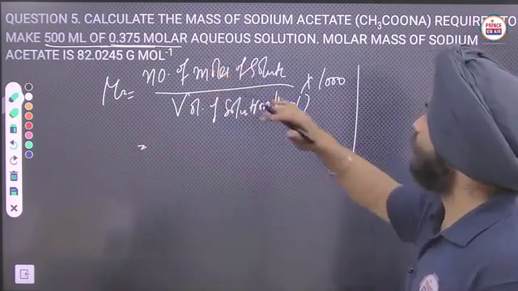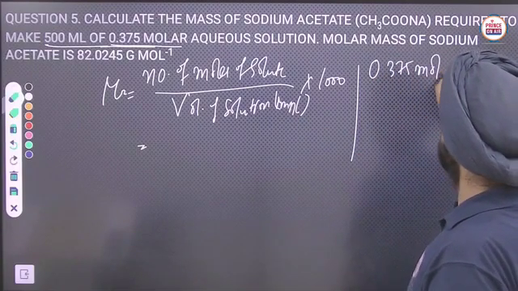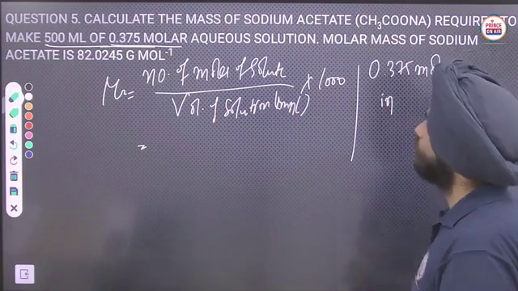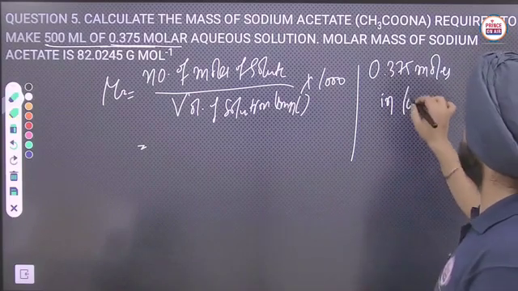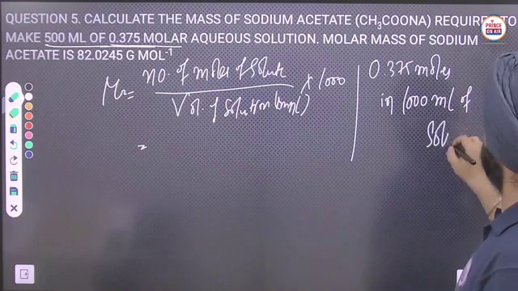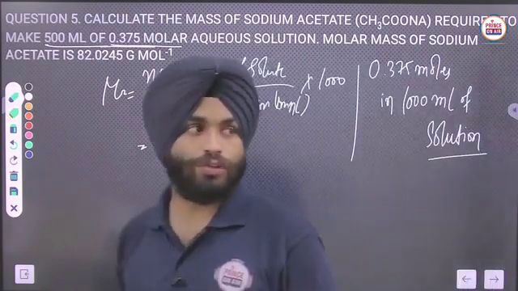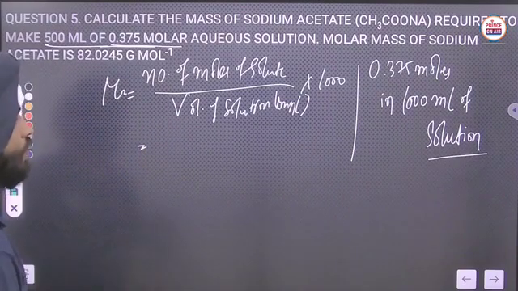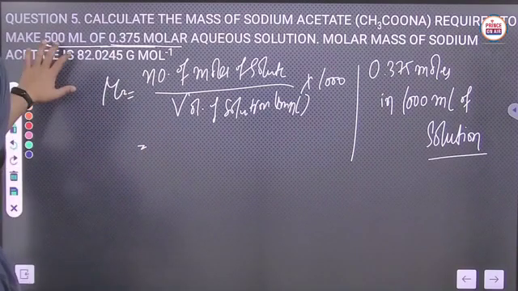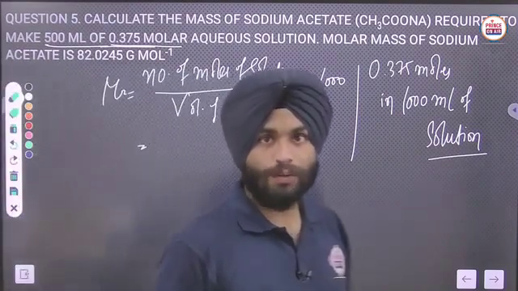Now you have to calculate the number of moles first. Molarity is given to you, it means 0.375 moles in 1000 ml of solution. But the solution given to you is 500 ml.